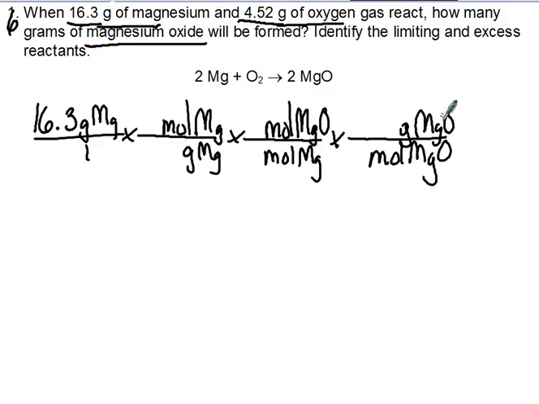Going back to my periodic table, I see that the mass of magnesium is 24.305. Periodic table is always in 1 mole. The number in front of magnesium is 2. The number in front of magnesium oxide is also 2. Then I find the mass of magnesium plus oxygen, which gives me 40.304.